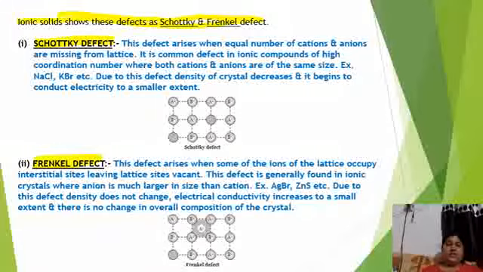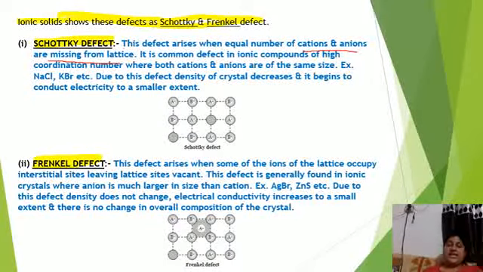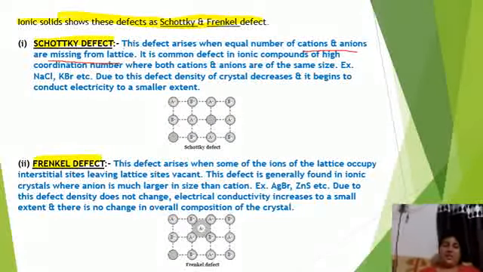Now what is Schottky defect? Schottky defect arises when cation and anion are missing from the lattice. If one cation is missing, then one anion will be out. If two cations are missing, then two anions will be out.